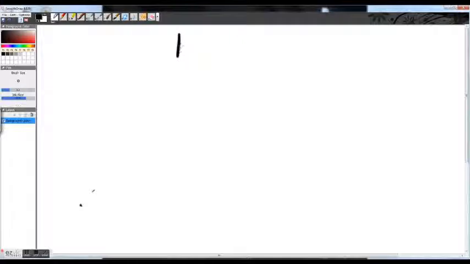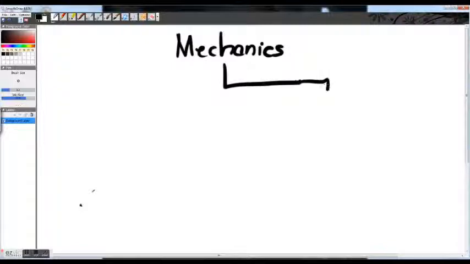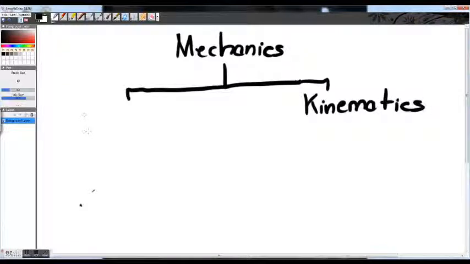So, kinematics is one of the two branches of mechanics, which is in and of itself a branch of physics, one of the many branches of physics. Mechanics is the study of how and why objects move. And it's broken up into dynamics and kinematics.